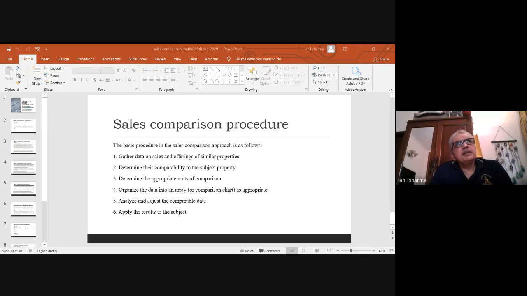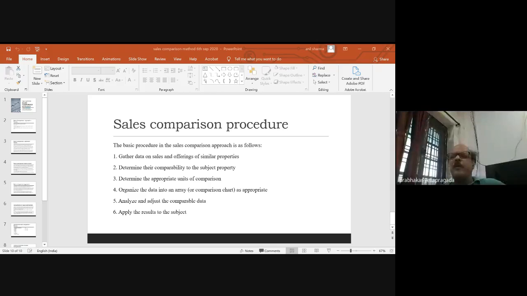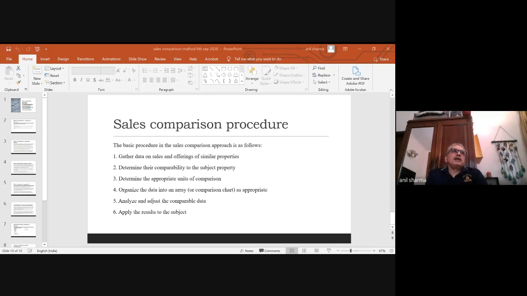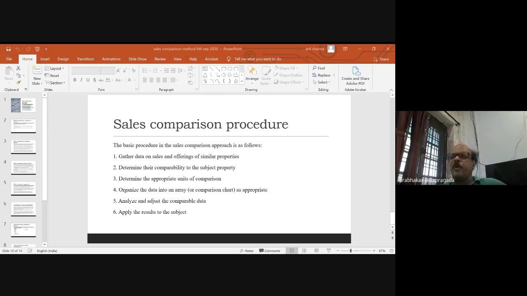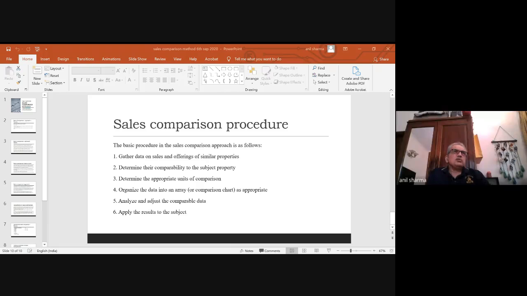See, the thing is that when you're taking a power plant, you're basically taking the entire business, right? You're valuing all the intangibles also, all the licenses, all the permits, all the coal availability agreements. So you cannot compare like that.